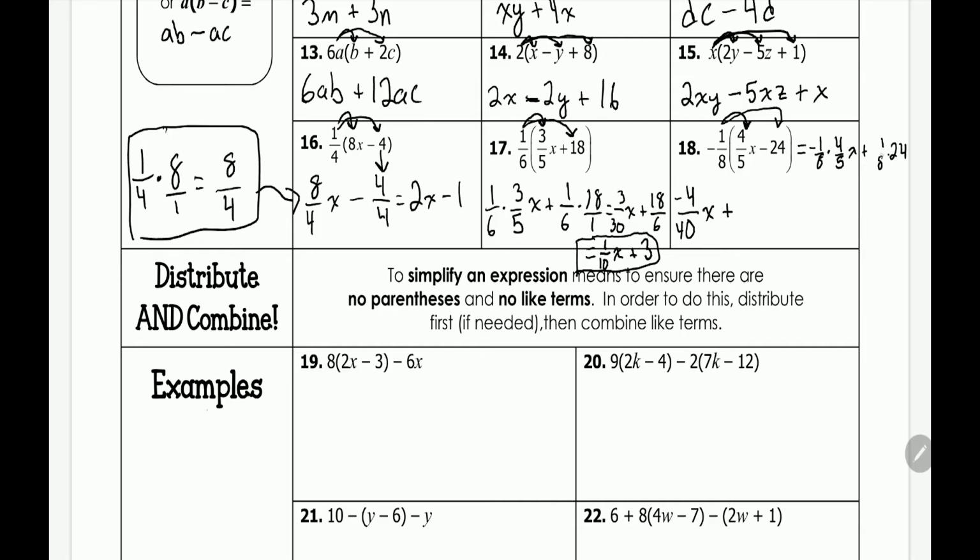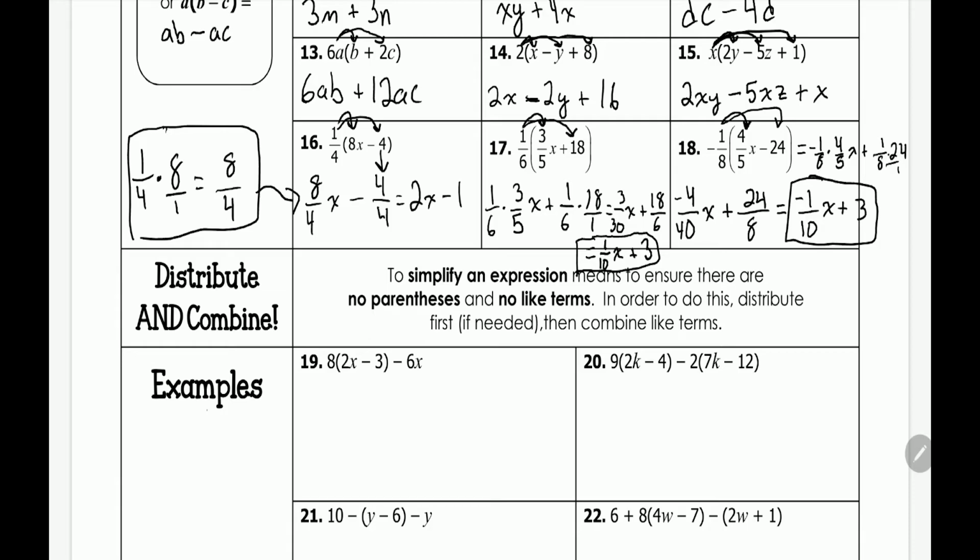Change this to plus. So now we have two fractions. I changed the 24 into a fraction by putting it over 1. We have to multiply straight across. So what's 1 times 24? Well, 24. And what's 8 times 1? That's 8. We have one more step. Since we have negative 4 over 40, that can reduce to negative 1 over 10. And then that's an x plus 24 divided by 8 is 3. So that means that this right here is our final answer for number 18.